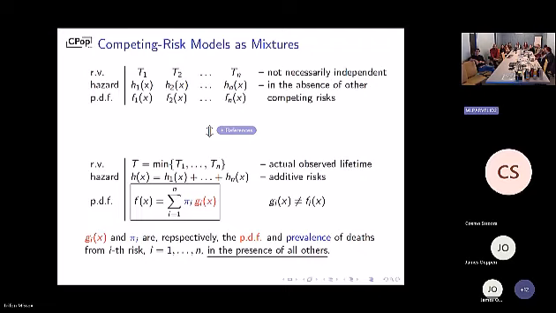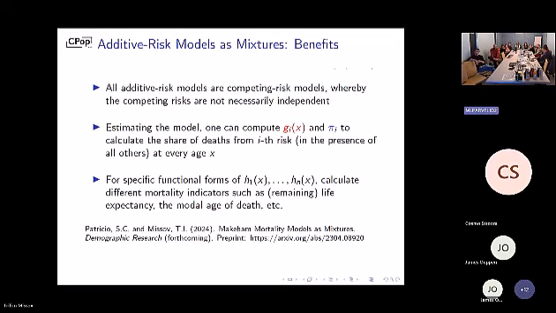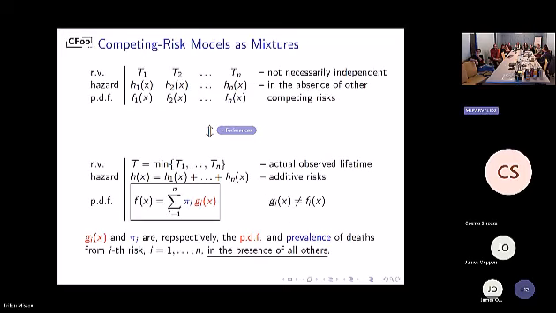But if we want to check whether these causes are independent or not, we have to reconstruct these. So we have to solve some integral equations that we do with some numerical methods. I put a double arrow here because assuming this, you get that, and the other way around. But also, estimating an additive model, you can reconstruct all these.